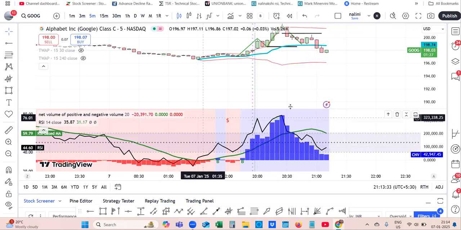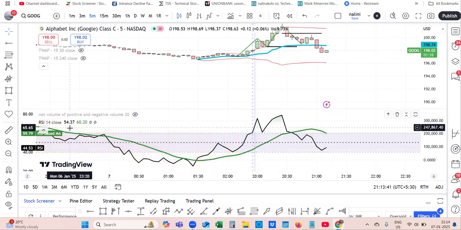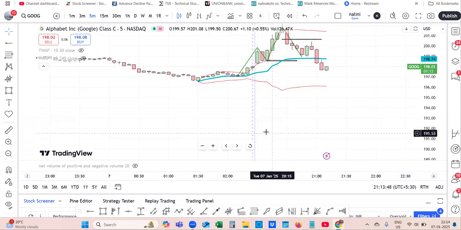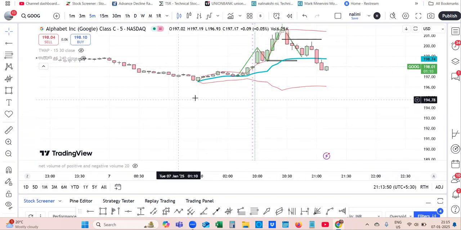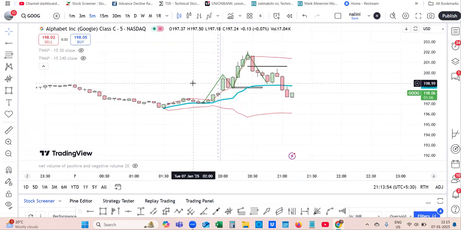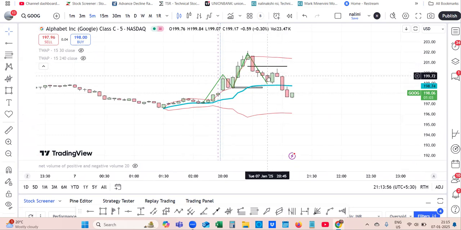Okay. This is a cross check with the net volume and the RSI. You can do all these things, cross check for the confirmation of your trade. But the early entry is very, very important in the market. If you enter in between, you will get panicked by the stop loss and all those things.